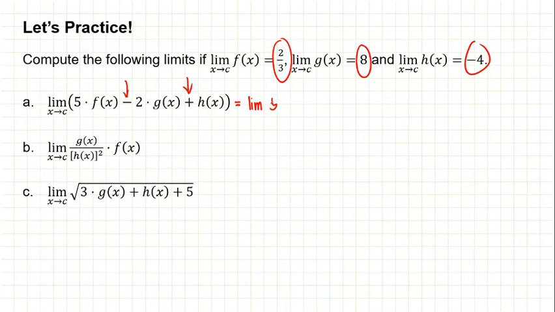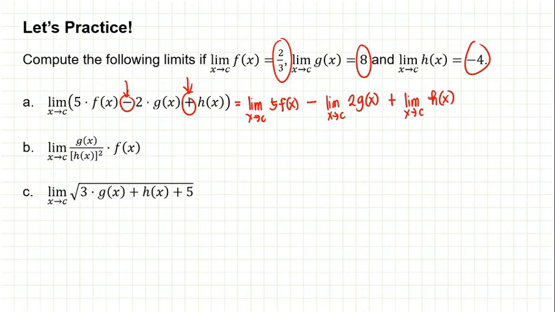Limit of 5 times f of x as x approaches c minus, since minus itong nandito, limit of 2 times g of x as x approaches c, and we have plus here, limit of h of x as x approaches c.